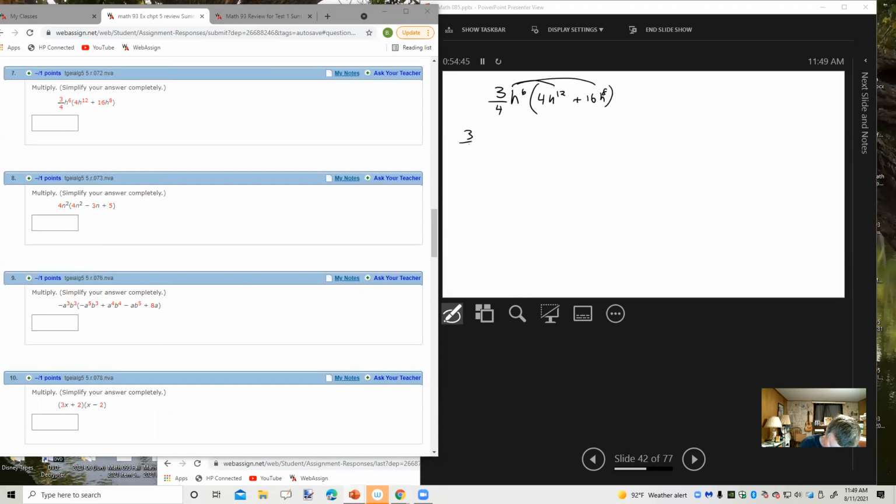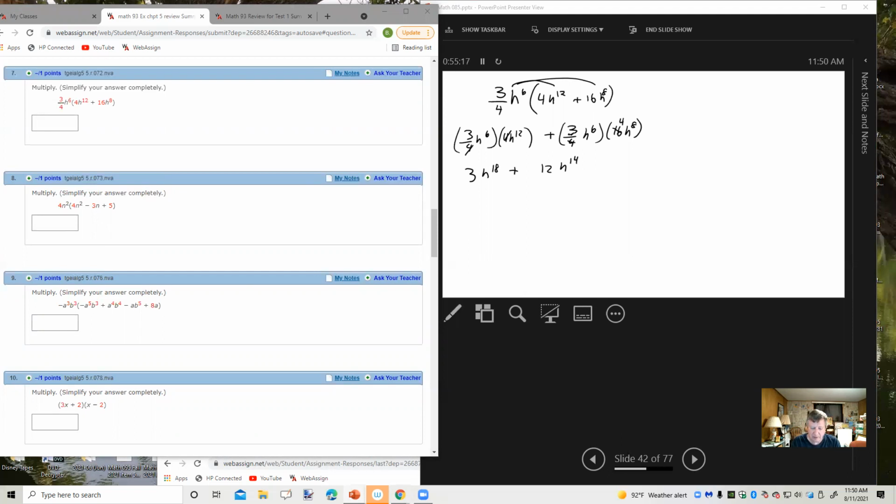So I get 3/4 h to the 6th times 4h to the 12th plus 3/4 h to the 6th times 16h to the 8th. Multiplying these first two factors together, the 4s would reduce out and I get 3h to the 18th, plus 16 over 4 is 4 times 3 is 12h to the 14th.